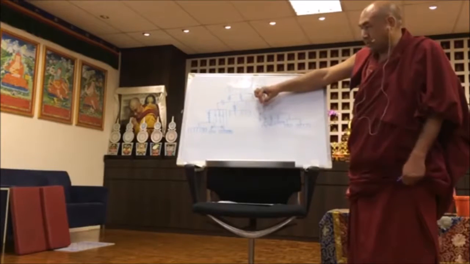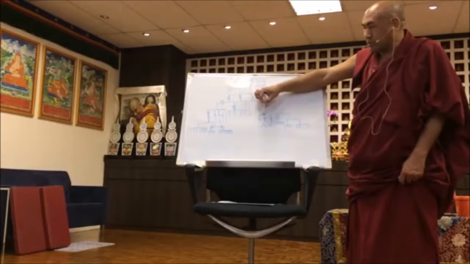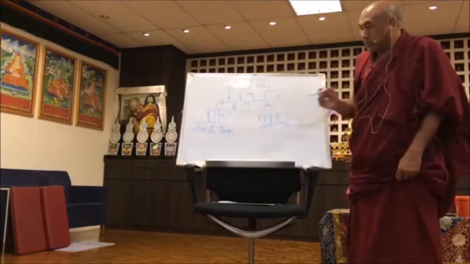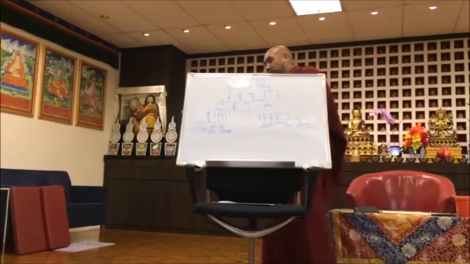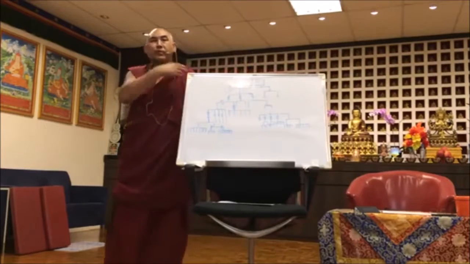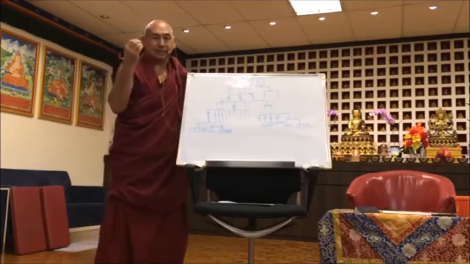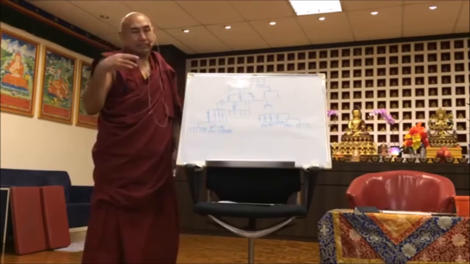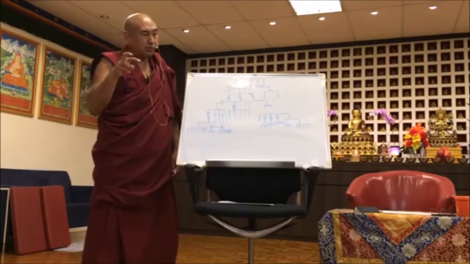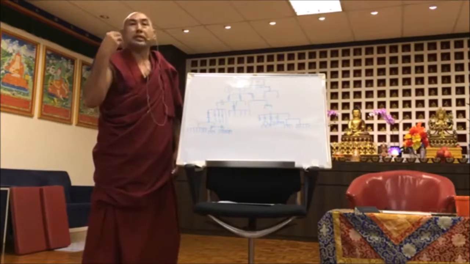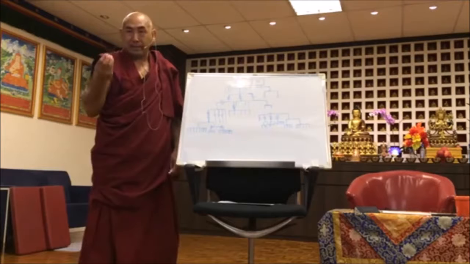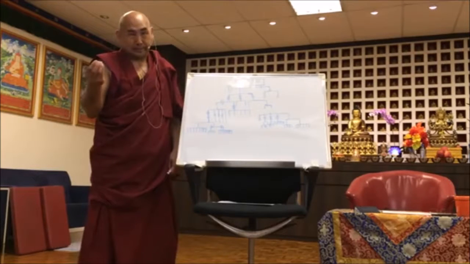This is like the form source, sound source, and smell source. Generally there's the same thing. There are so many different kinds of smell. But we must make them into two groups: the natural smell and the unnatural smell.